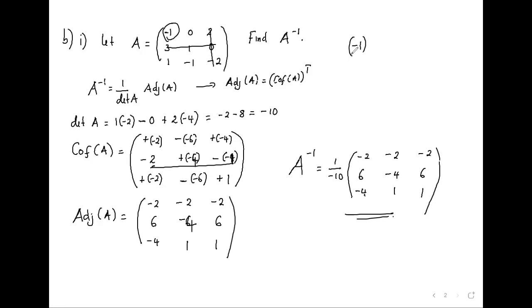And then you cancel the column and the row. The remaining numbers you put here, you get the determinant of these numbers. The plus is there, but the plus is invisible.